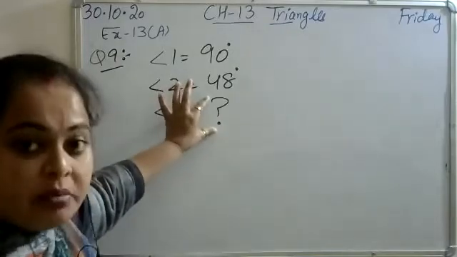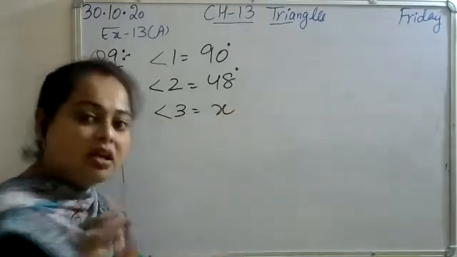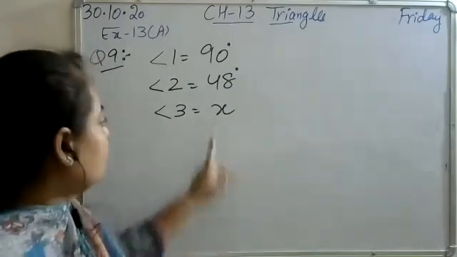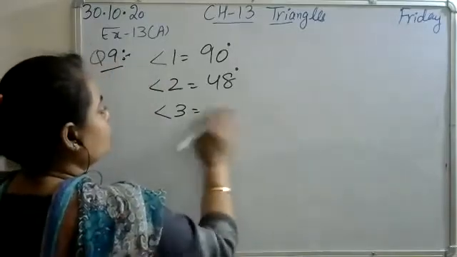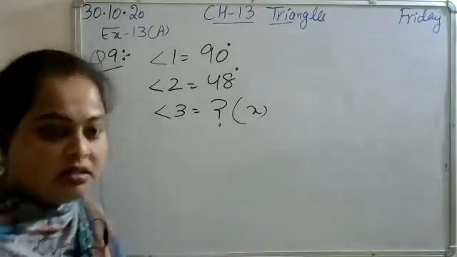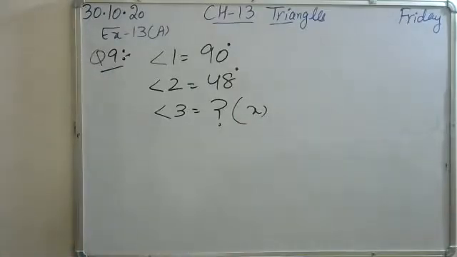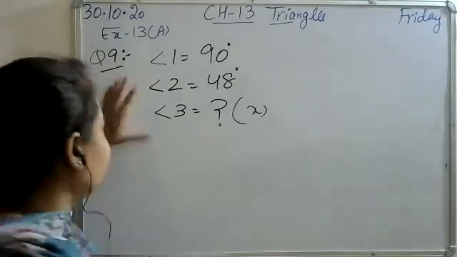Either put question mark here or write x. Both are correct. This x is not compulsory. This is your wish. Both are the same thing. Now we will do this by the previous method.